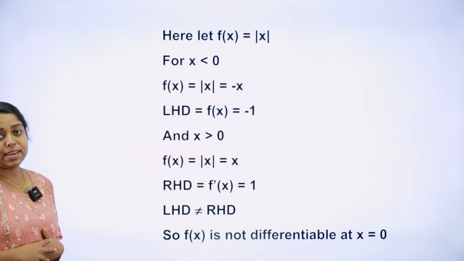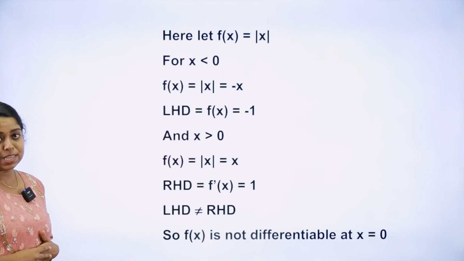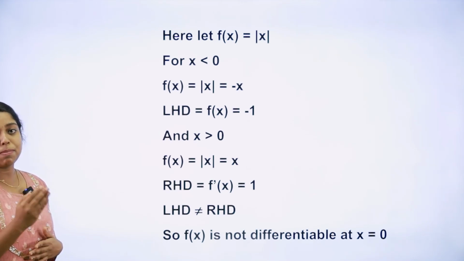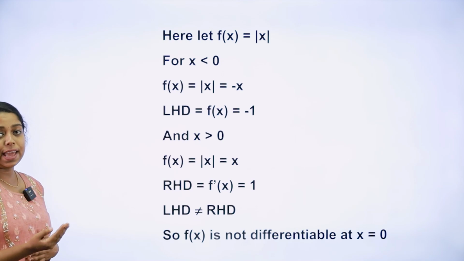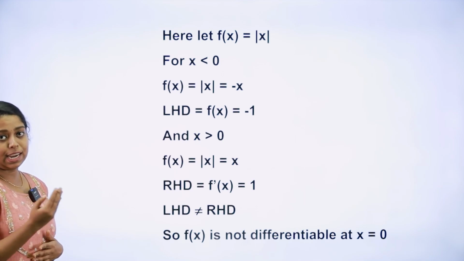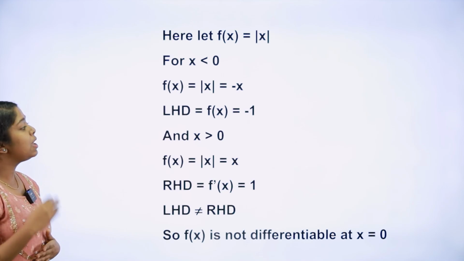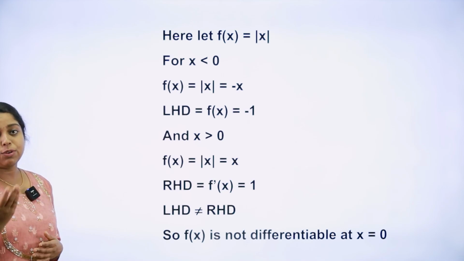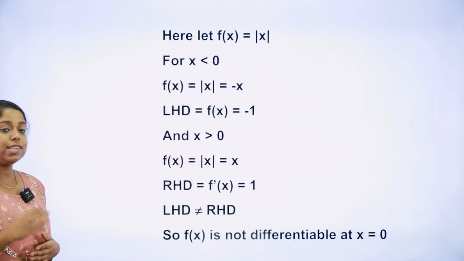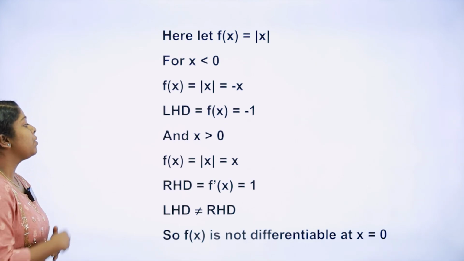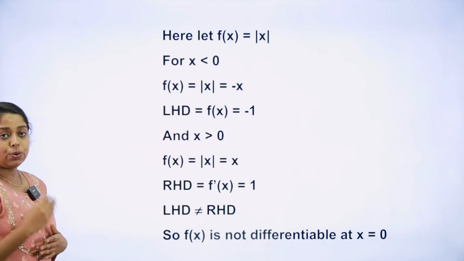For the left hand derivative, the value of x is less than 0. When x is less than 0, mod x will become minus x. So on taking the derivative on the left hand side, we will obtain the left hand derivative of f of x as minus 1. Similarly, for the right hand derivative, the value of x is taken as greater than 0, that is, x is a positive value. Then f of x is equal to x itself.